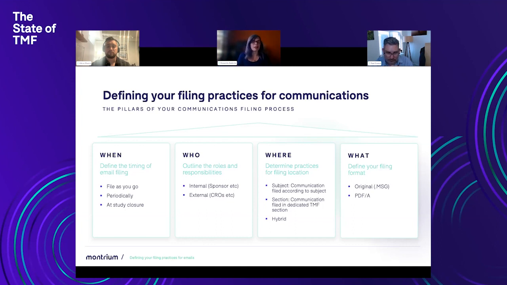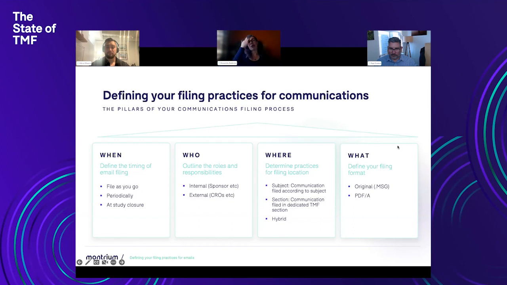If the email is a relevant piece of the story, like all the other documents, I have to file it whenever it is finalized. Otherwise it can be really challenging to understand what happened, or to retrieve a loop of emails or a final decision. So file as you go. This is, in my opinion, the best approach with the best outcome.